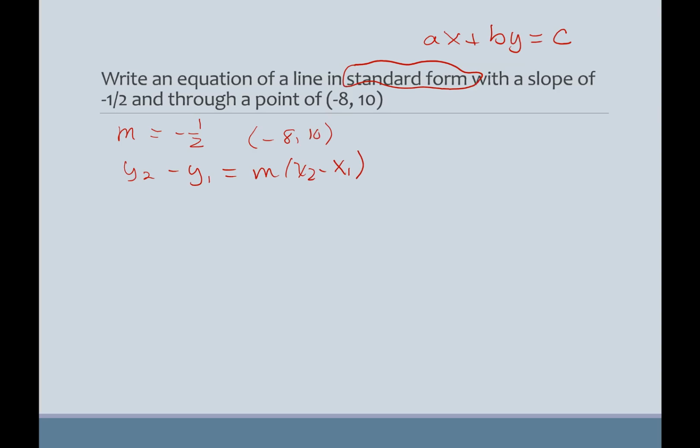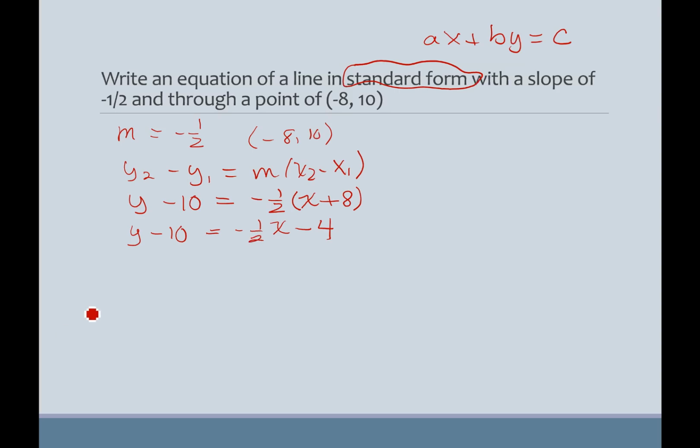So when I sub in, I'm going to get y minus 10 equals negative 1/2 times x minus a negative 8, which is positive 8. I want it in standard form, so I've got to do some transforming. I'm going to distribute: y minus 10 equals negative 1/2 x minus 4.